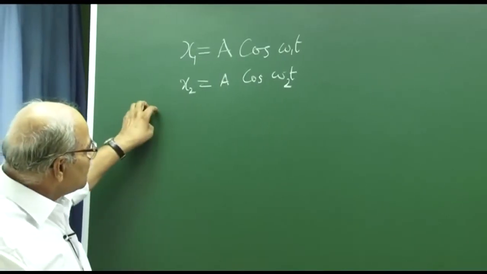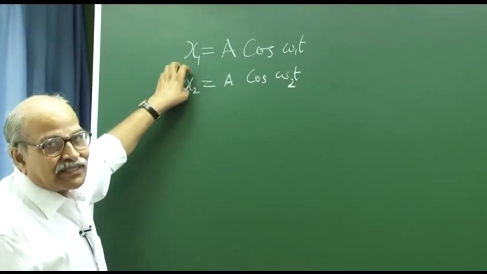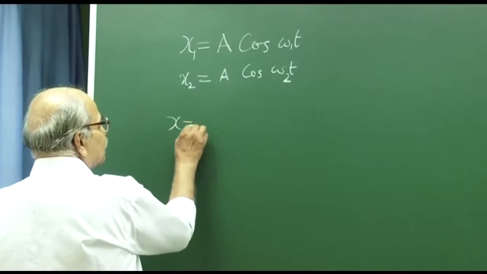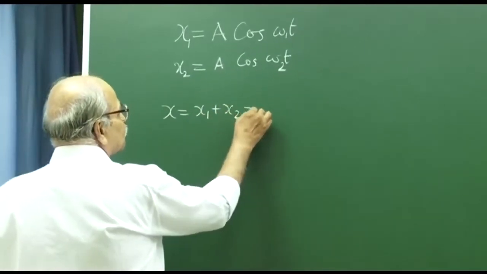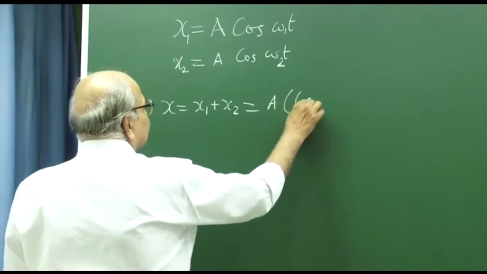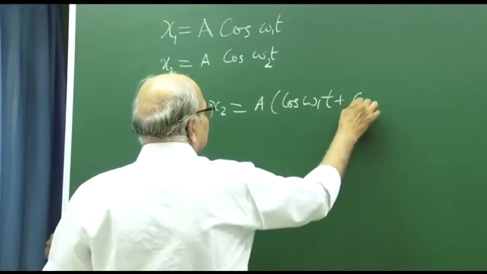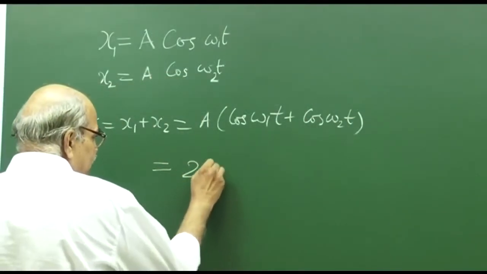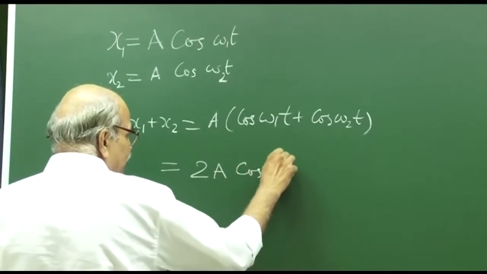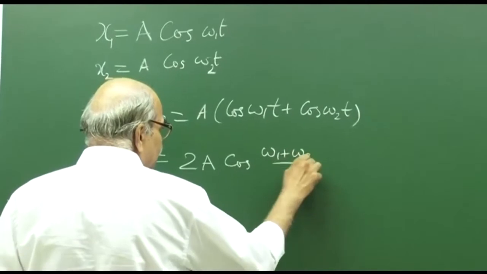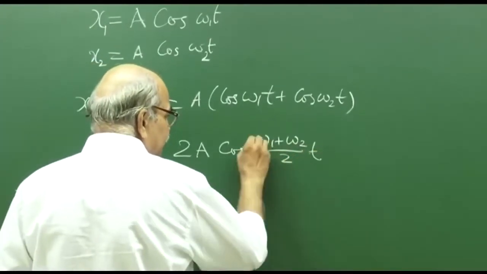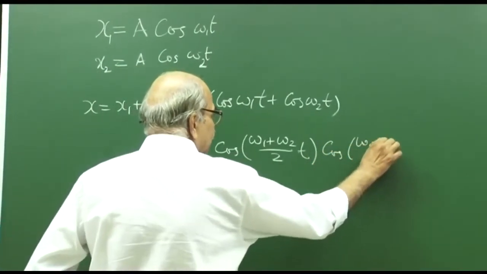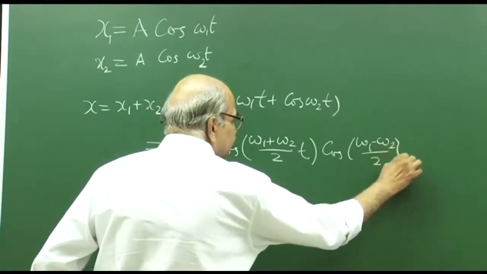If that object is given both these oscillations together, it will have x, which is x1 plus x2, which will be a cos omega 1 t plus cos omega 2 t, and that will be 2a cos of (omega 1 plus omega 2) by 2 t and cos of (omega 1 minus omega 2) by 2 t.